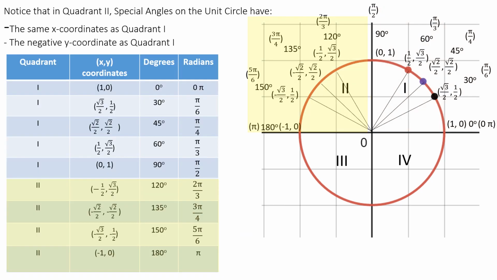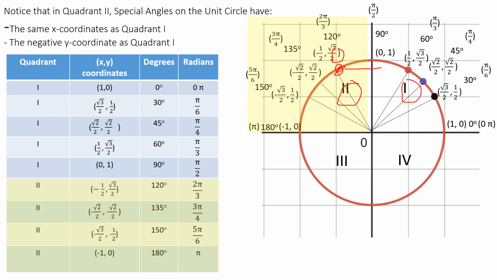Now, if you notice something here, I want to show you something very interesting. Look at the coordinates. This is my first quadrant. Quadrant 1 is from 0 to 90 degrees, right here. Look at the xy coordinates in quadrant 2. The y coordinate right here is still the same distance as over here. It's still square root of 3 over 2.